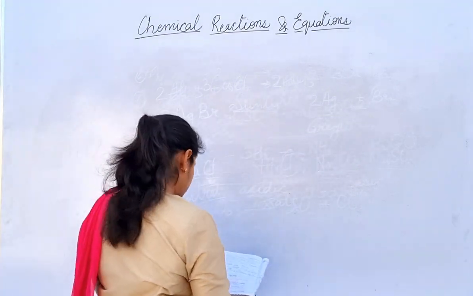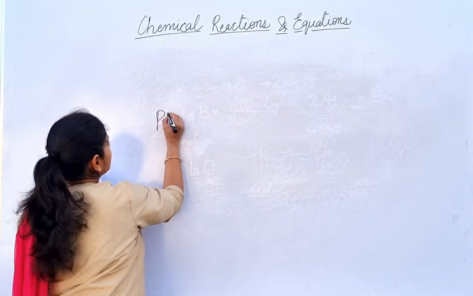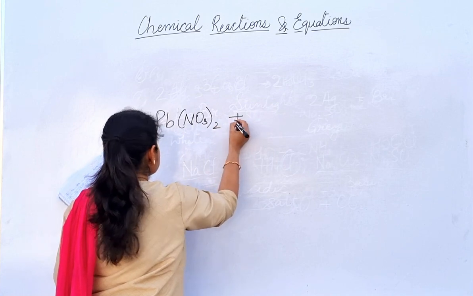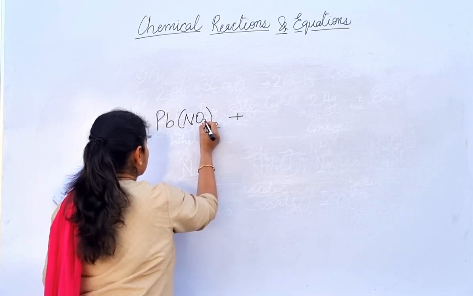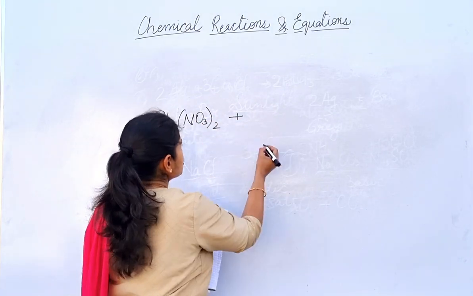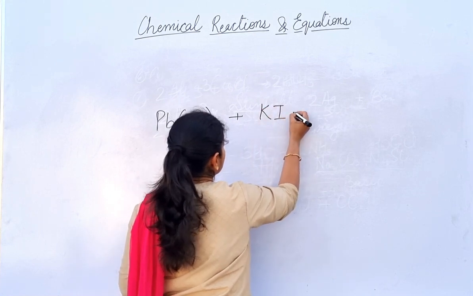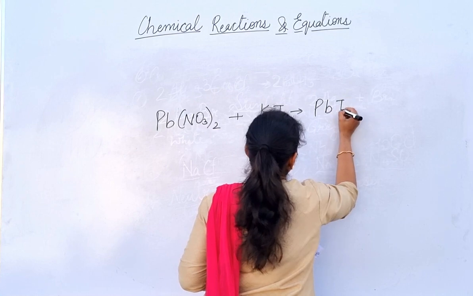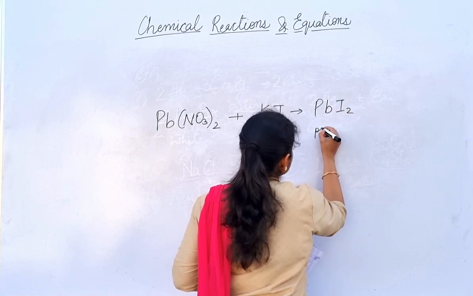So lead nitrate is Pb(NO3)2, combines with potassium iodide, that is KI, gives lead iodide, PbI2, and that only forms a precipitate.